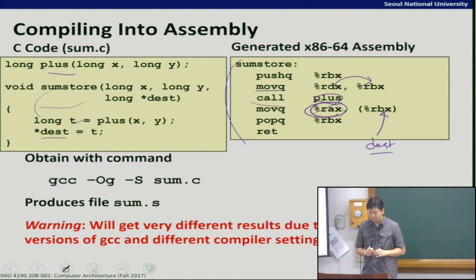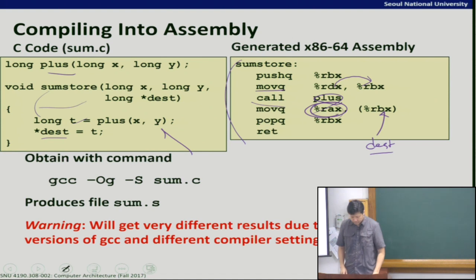Okay, so this is an example of the assembly code generated for this function. But if you use a different compiler or different versions of a compiler, then the produced code may vary. This is just one example of how this code is translated.